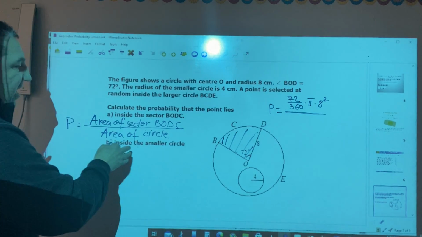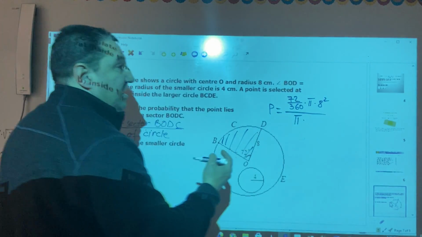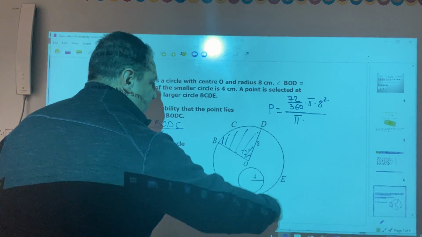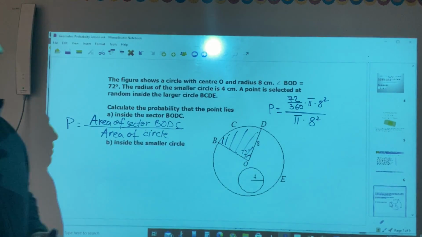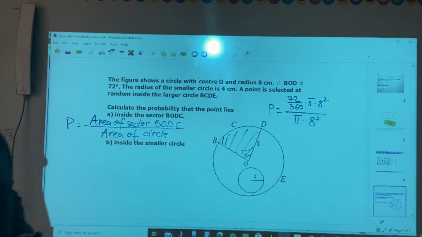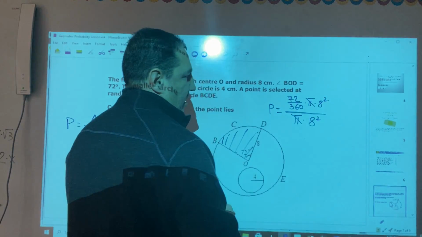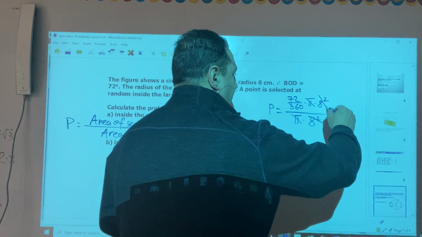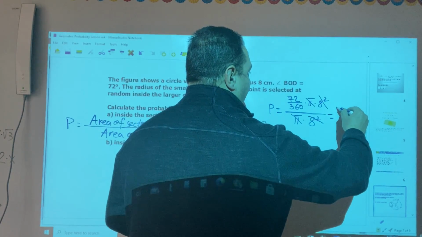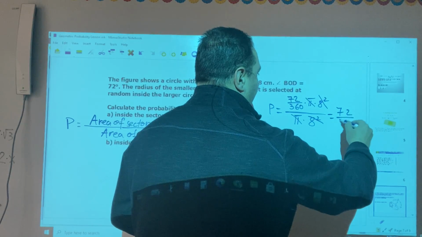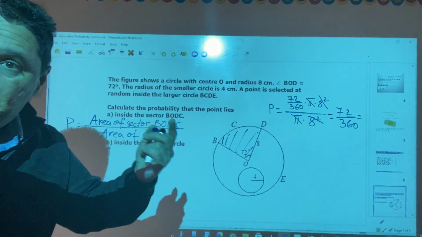Now, the area of the circle, we know, is pi times the square of the radius of the big circle, which is 8 squared, right? Now, as we can see, we can simplify pi and pi, 8 squared and 8 squared. So at the end, you'll have 72 over 360. But this fraction can be simplified.